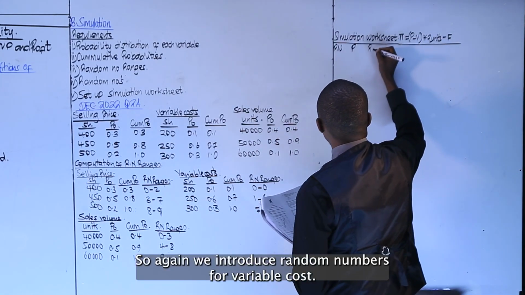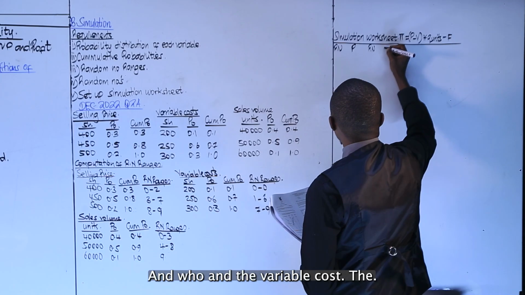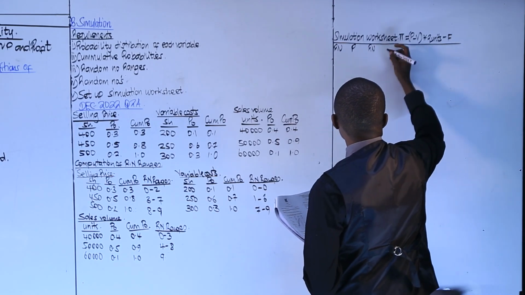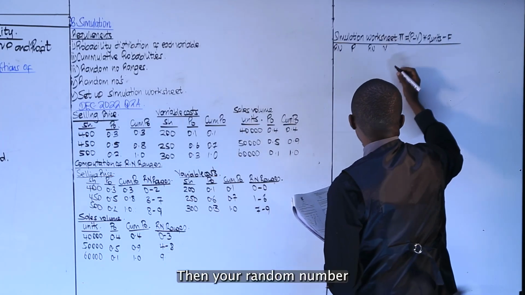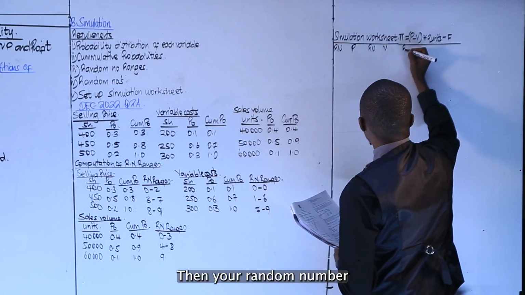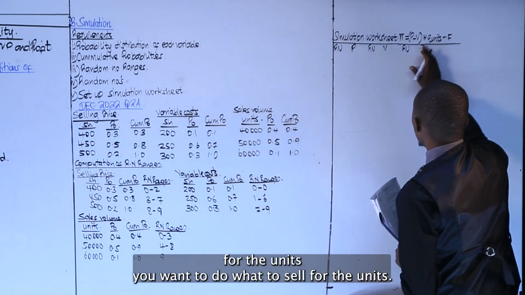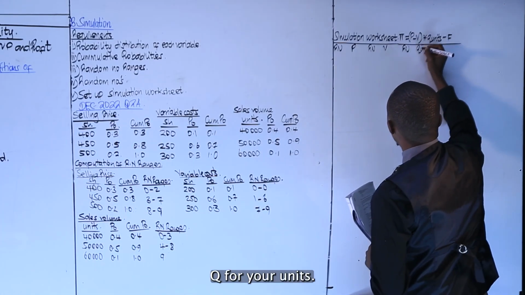So again, we introduce random numbers for variable cost and the variable cost. Then your random number for the units you want to sell, the units Q.